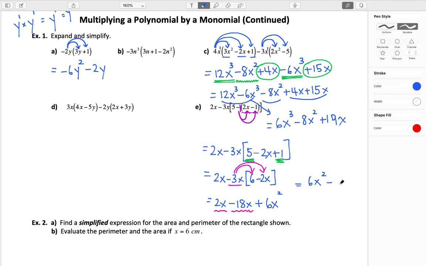So 2x minus 18x is going to be negative 16x. And that is your final answer.